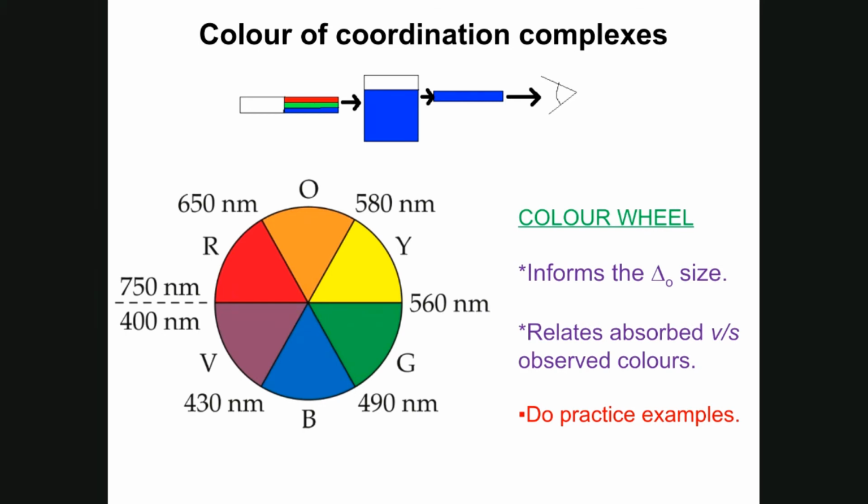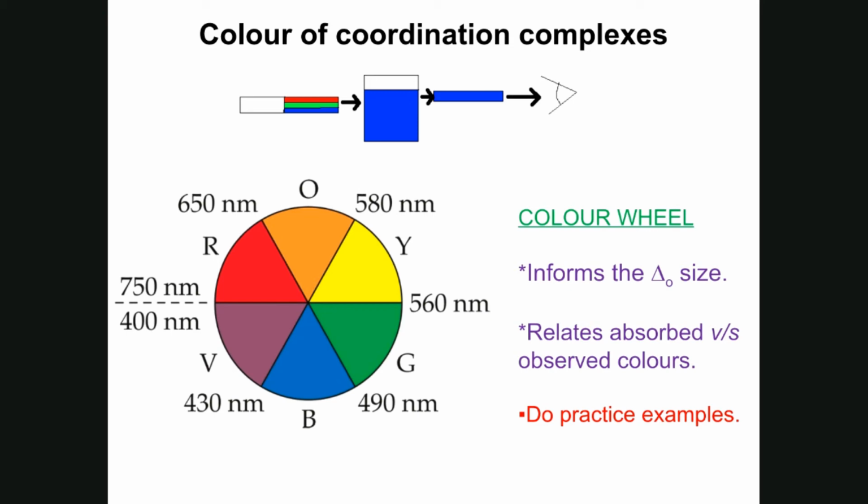But if a compound absorbs violet, it means that in order to promote an electron from the T2g set to the eg set, you need a very high energy. As a result, after that energy has been absorbed by the compound, the remaining light will be of weaker intensity. So this can be used to gauge the size of the splitting parameter.